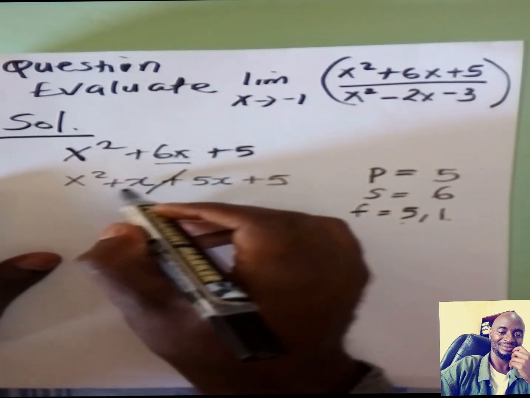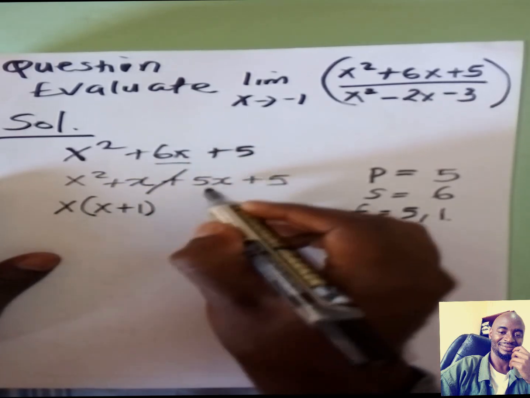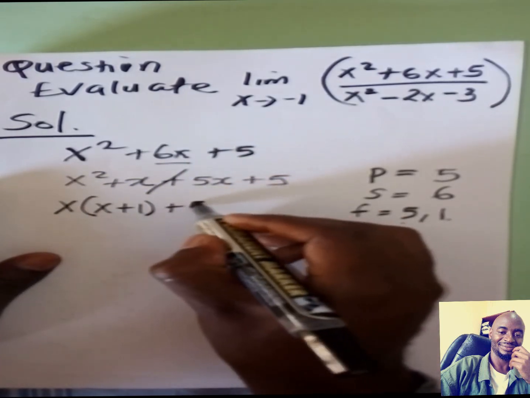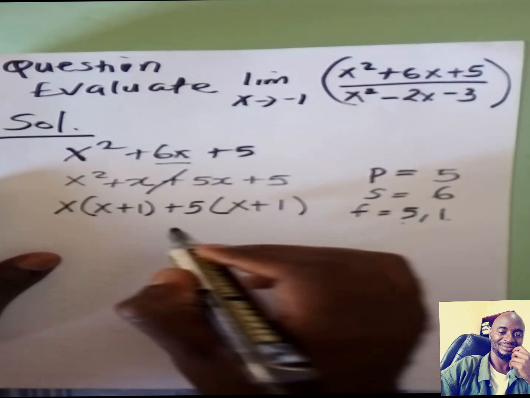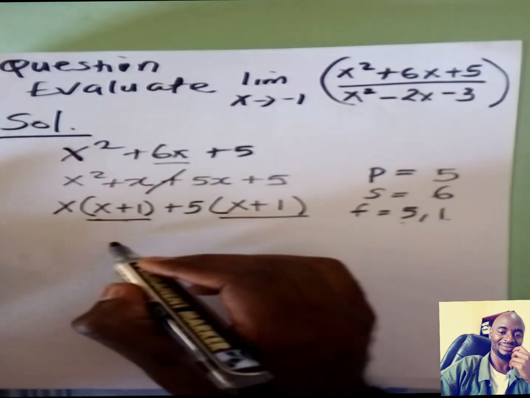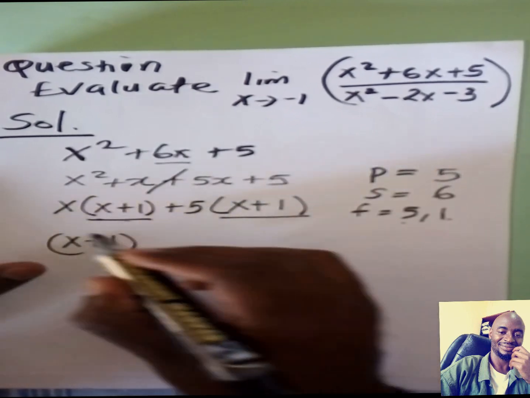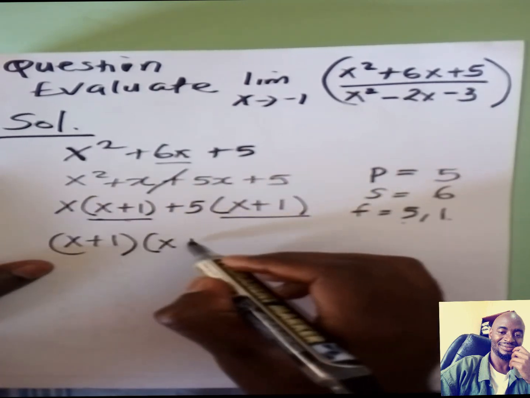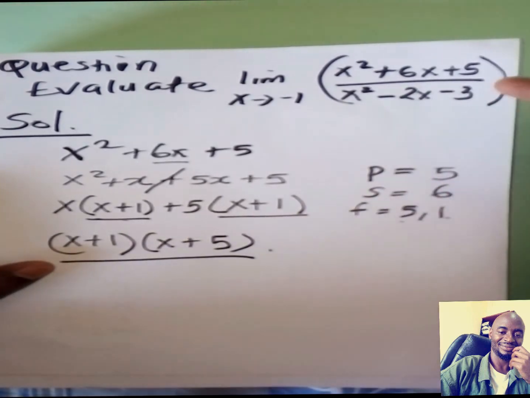What is common here is x, I'll remain with x plus 1. What is common there is plus 5, I'll remain with x plus 1. Again, you can see that this statement is common, so I'll factor it out. It will be x plus 1 times x plus 5. So this is the factorization of the numerator.